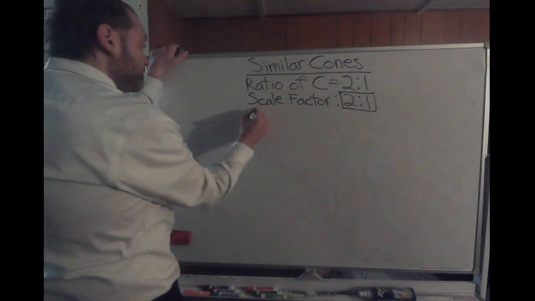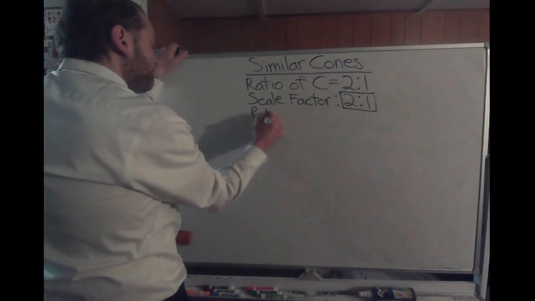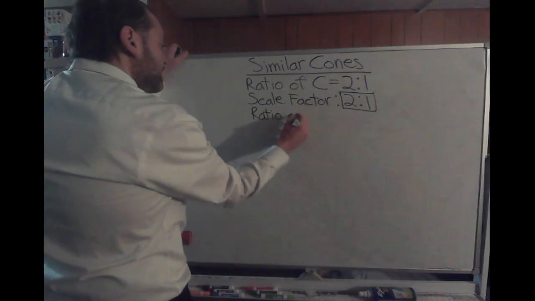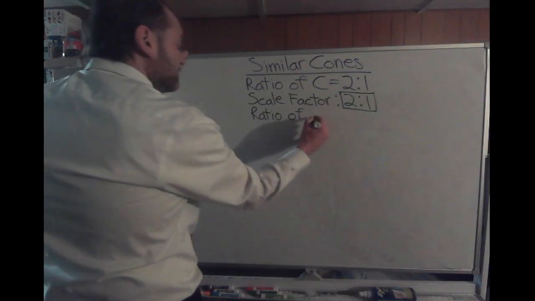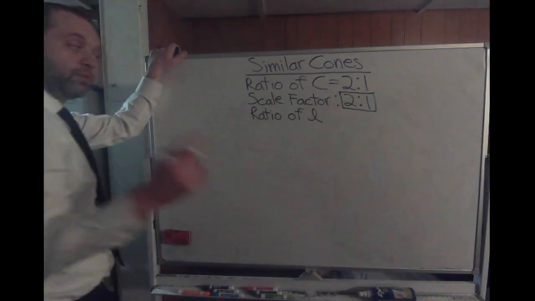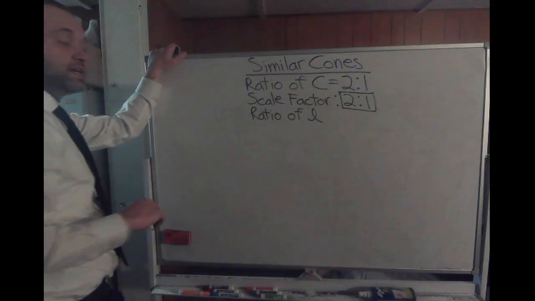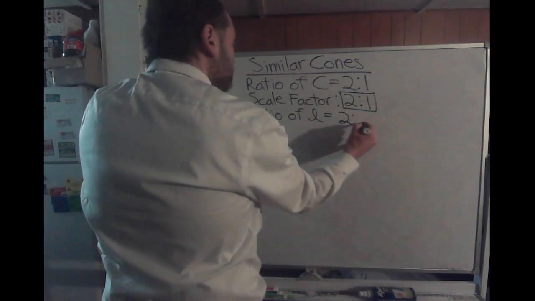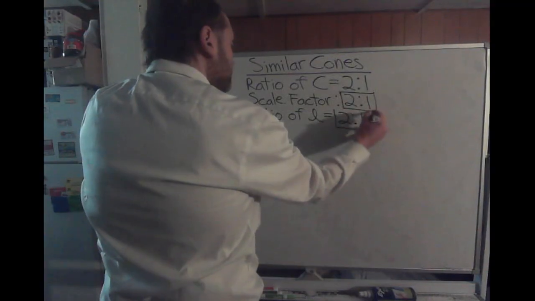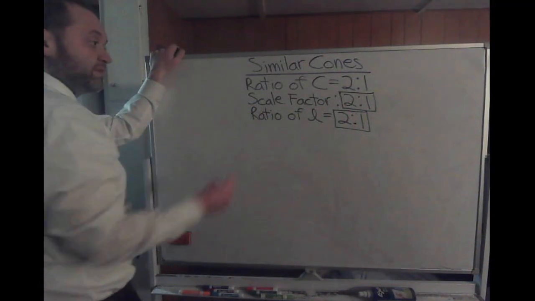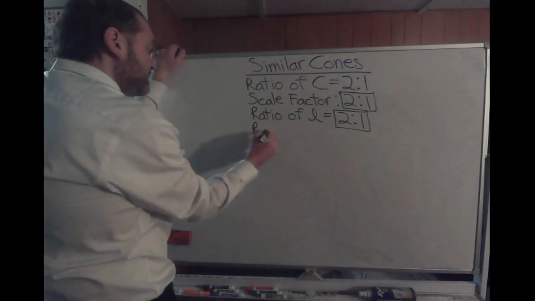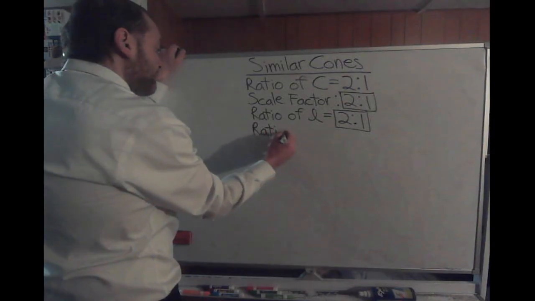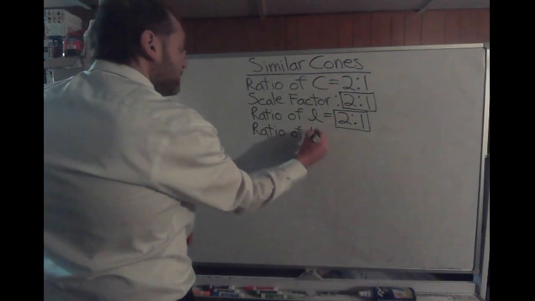So then what about the ratio of the slant height? What if we wanted to find the ratio of the slant height? That's the same as your scale factor. That would be 2 to 1. Alright, so we found those. Now what about the ratio of the lateral area?